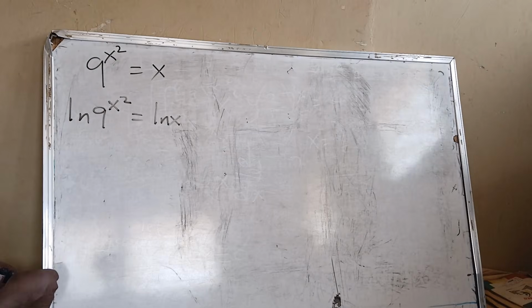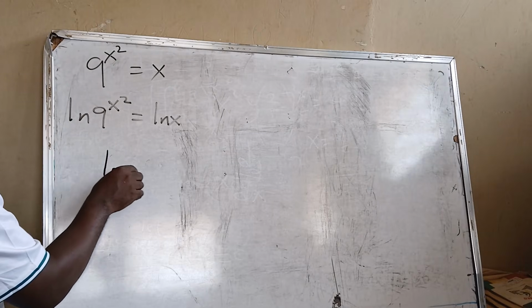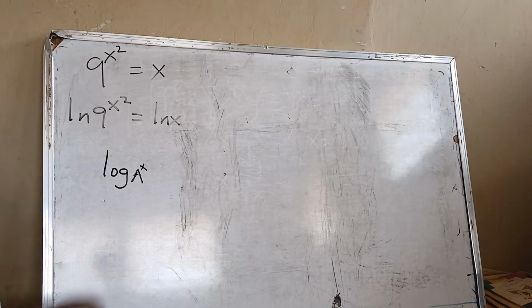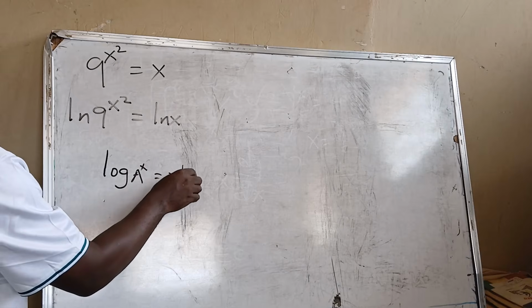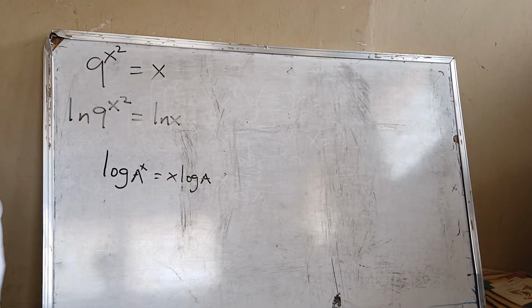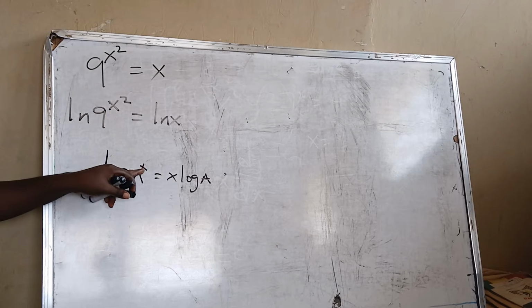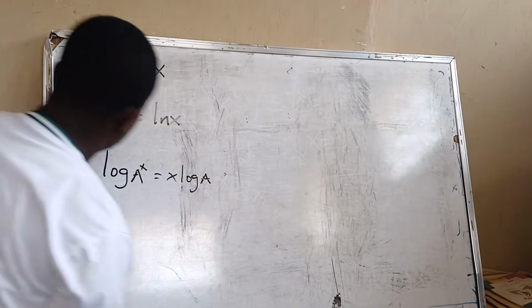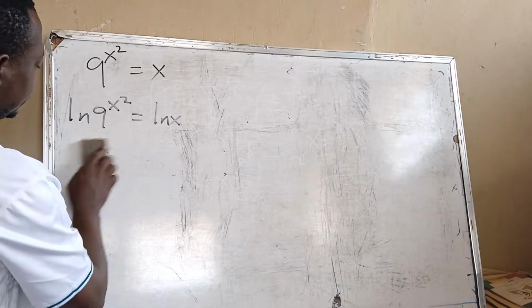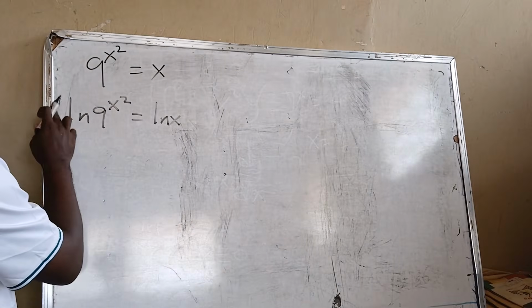Now, this one is a power rule following log a to the power x, the same as x log a. So the x here is behaving like this. What I will do here is very simple. Now, this one will come behind here.